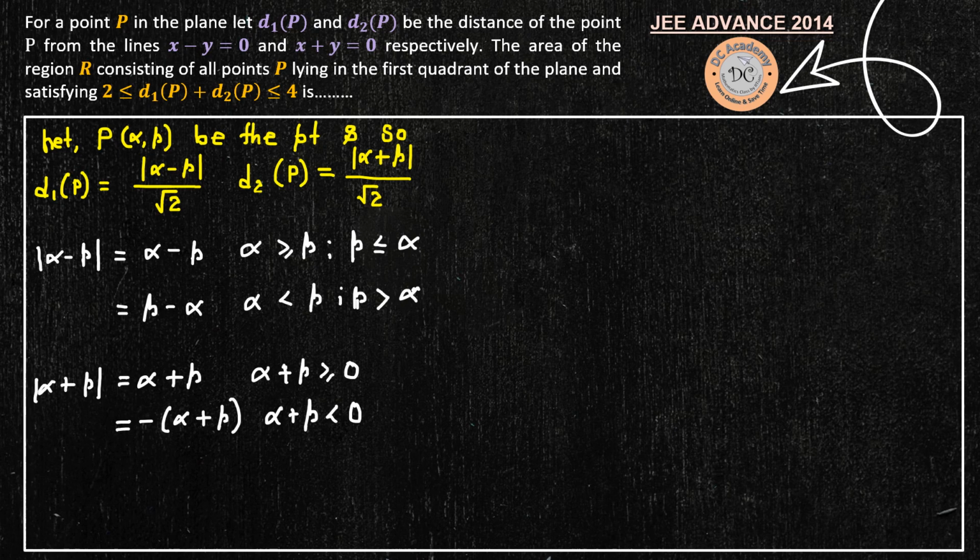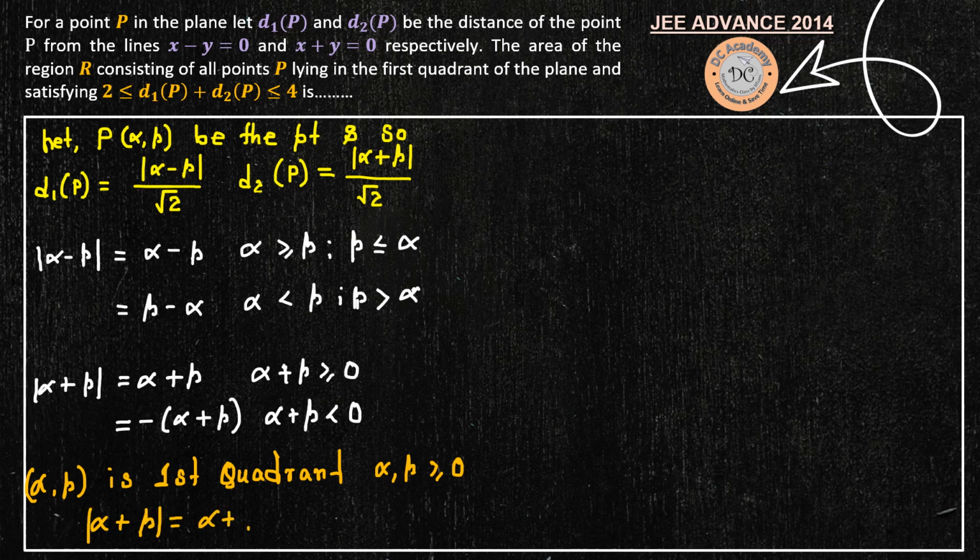So mod of alpha plus beta is equal to alpha plus beta.